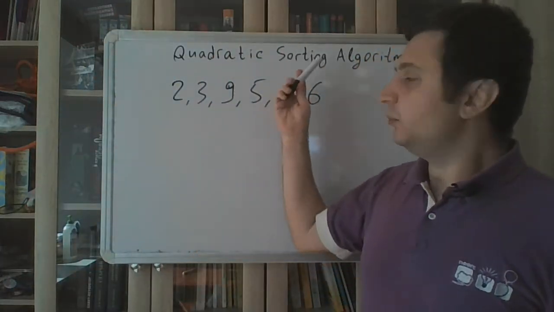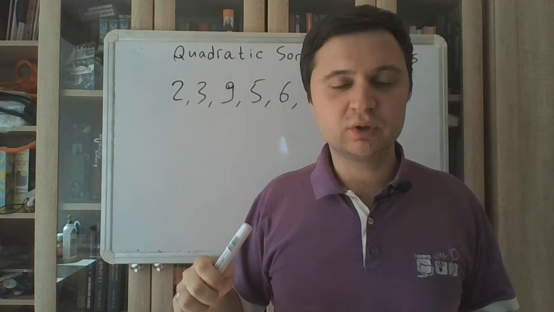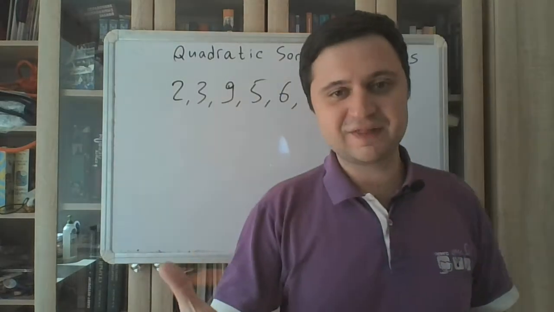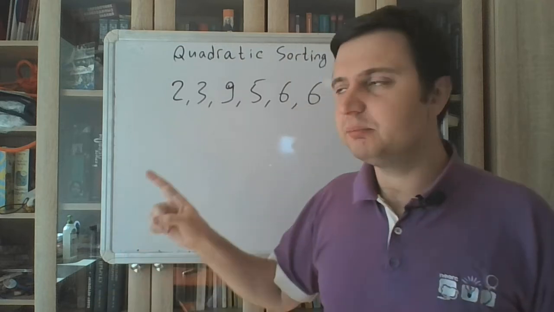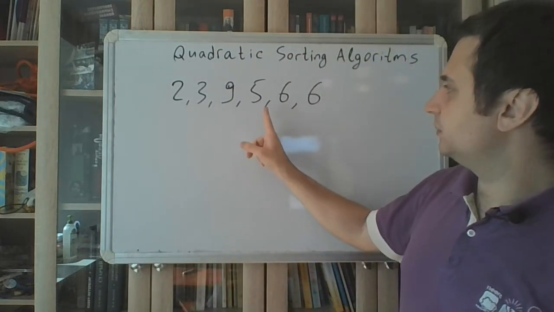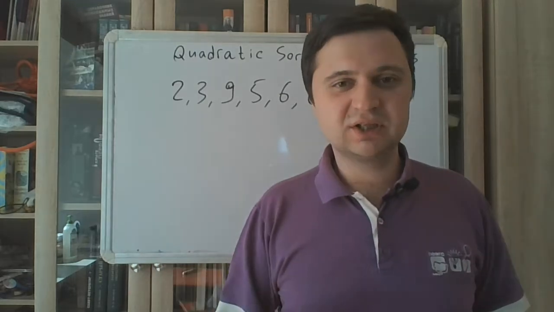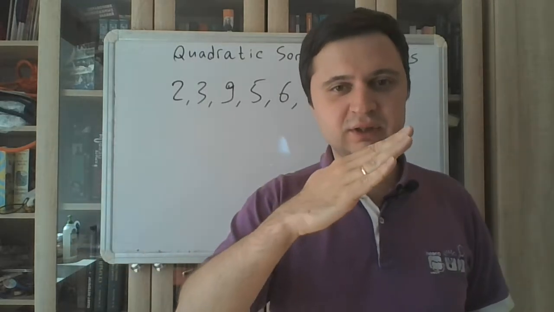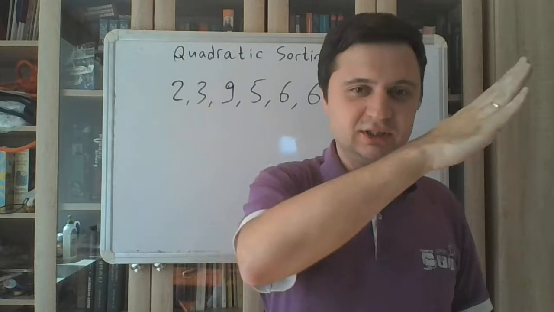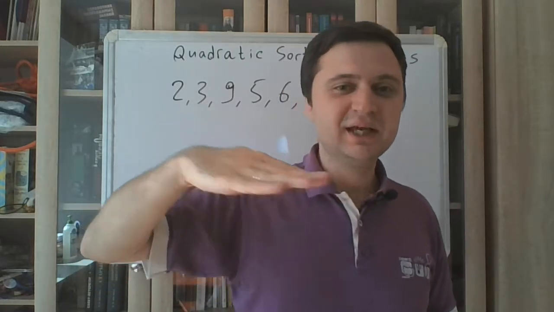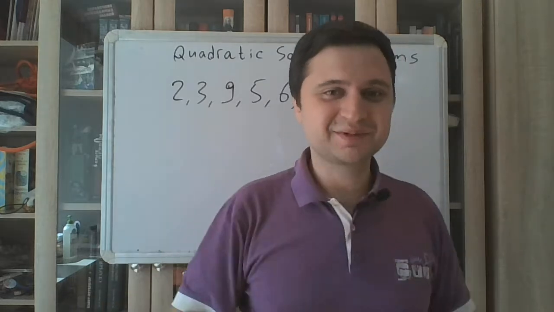Usually when people say sort, they mean sort in increasing, or rather non-decreasing order, because in the end there will be 6 and 6 together, so it's formally not correct to say that it's increasing order in the end. We say it's non-decreasing, so it increases or stays equal, and it goes generally like this.